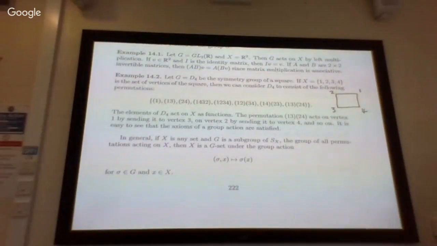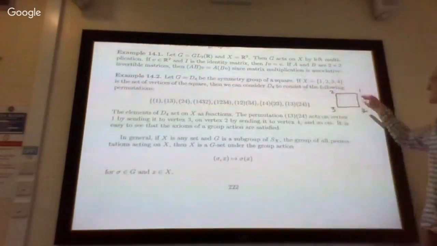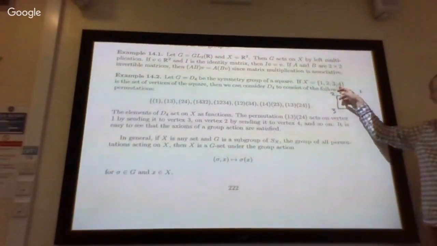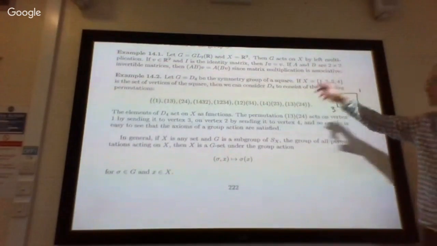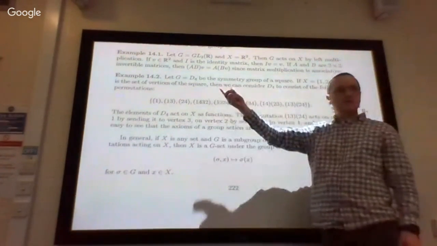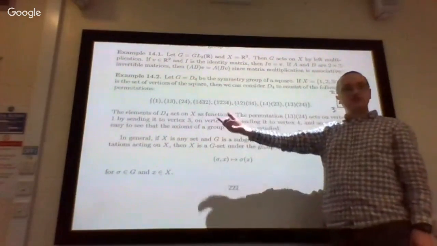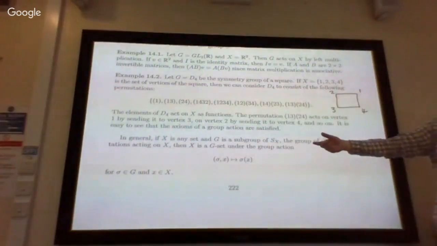But clearly, we can reinterpret that picture as thinking of these elements of the group acting on this set of vertex labels. Okay? So you pick up any element from the group, it's a permutation of the 4 symbols. So it naturally has this effect.